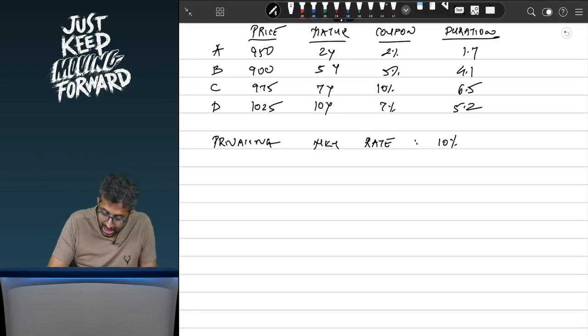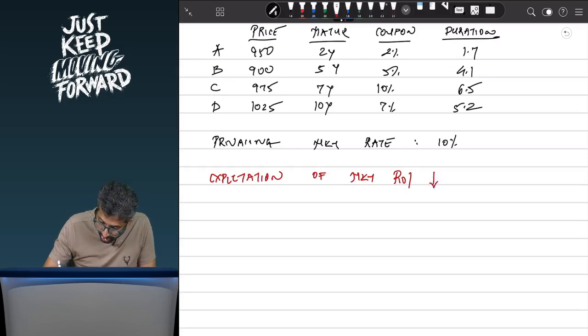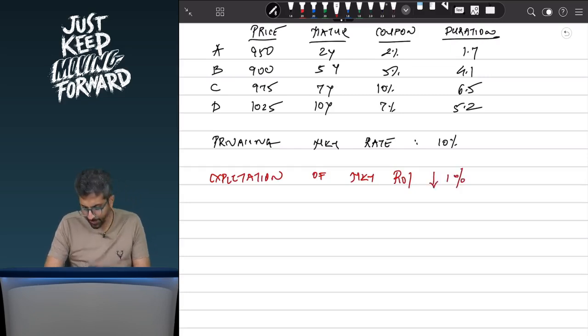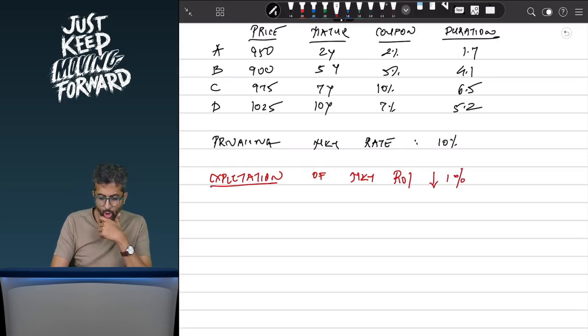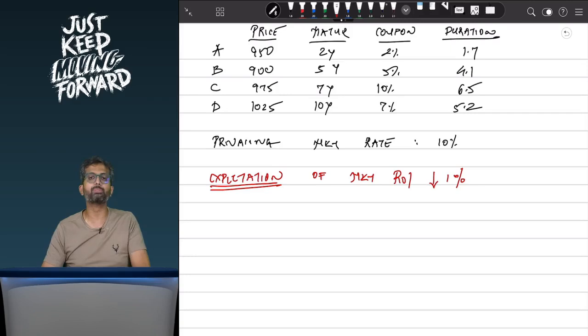So let us say there is an expectation of market rate of interest falling by 1%. Your economic advisors are telling you that in the upcoming meetings, because inflation etc. is lower, RBI will reduce the rate by 1%.